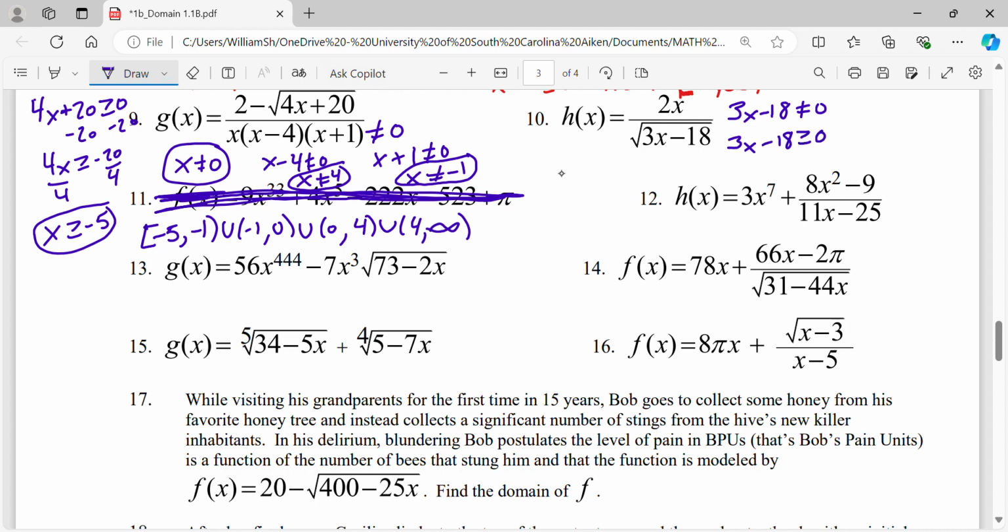Now keep in mind that the not equal to 0 cancels the equal to 0 out, and we basically get a combined restriction here that 3x minus 18 has to be strictly greater than 0. If we solve for x here by adding 18 to the other side and then dividing by 3, we see that x has to be greater than 6. Which means in interval notation we're going to go 6 to infinity.